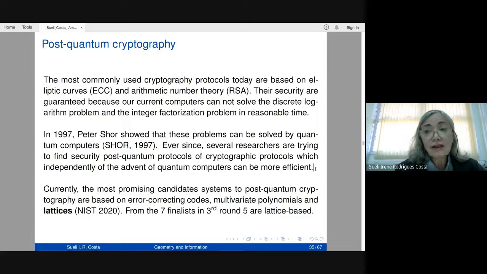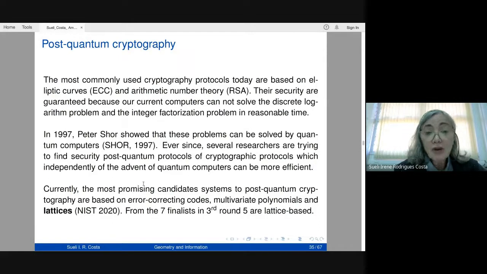And of course, the possible advent of quantum computers is something that makes people hurry up in this process, right?